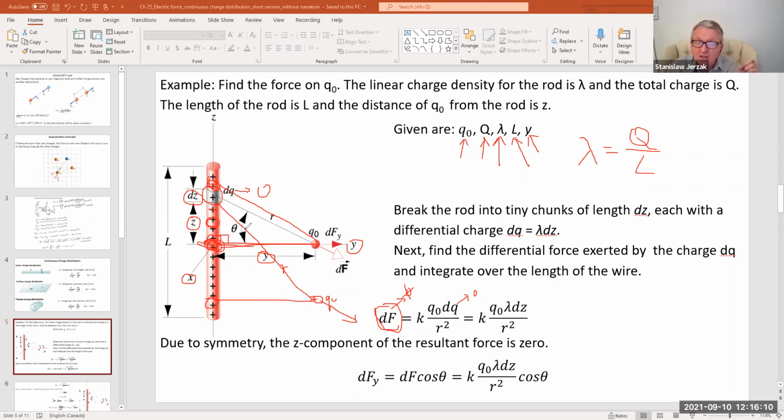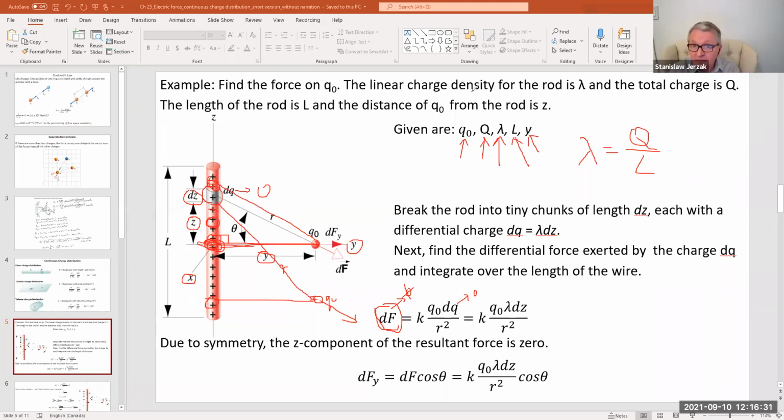And to select that most convenient variable, we will have to find the relationship between many of these quantities like r, z, and so on. So the short answer to your question is don't select a very specific kind of chunk, because you will not see then the relationship between the variables.